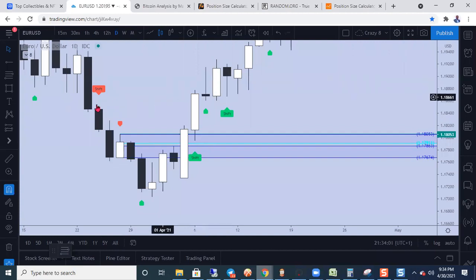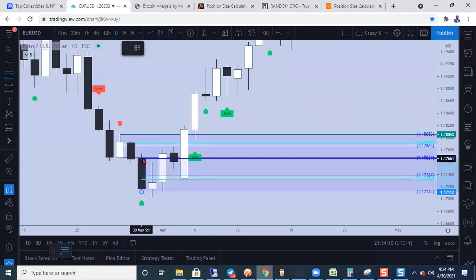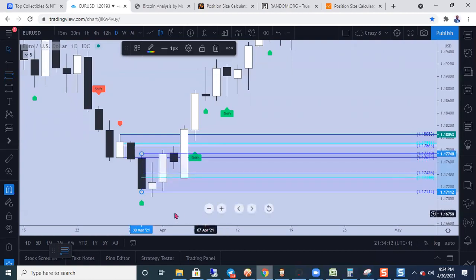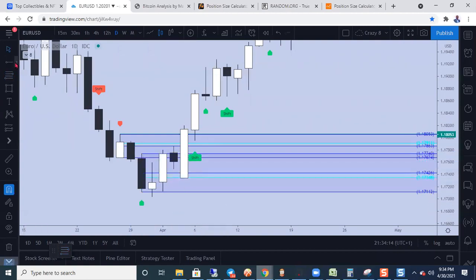The second way of trading this is by fibbing this last bearish candle, but because it's bullish, we'll fib from the tip to the tip. So if price pulls back down into this region, it will be a good reason to buy.